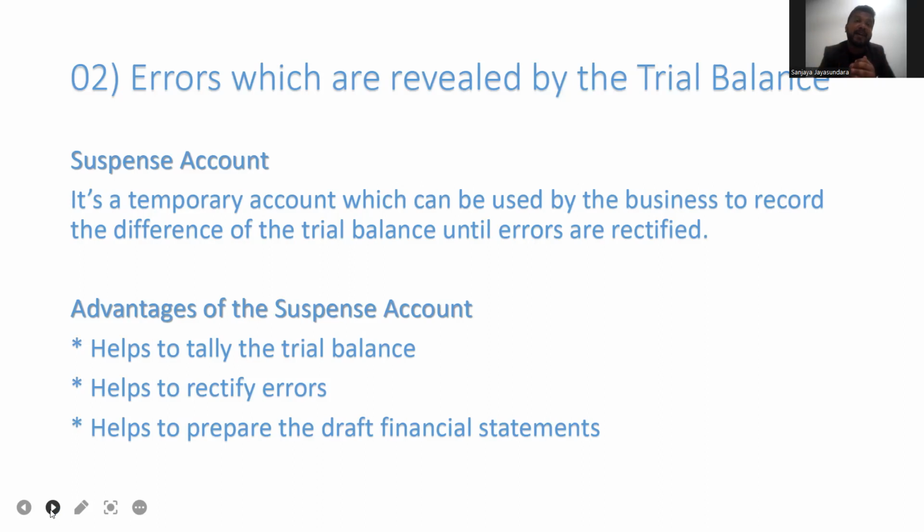Sometimes the business is preparing the final accounts with errors, or the business has to prepare draft financial statements due to some reasons like tax payment, or an annual general meeting in the near future. In those cases, the suspense account will help to prepare draft final accounts. But later, after finding the errors, you have to convert the result of the draft final accounts to revised final accounts.